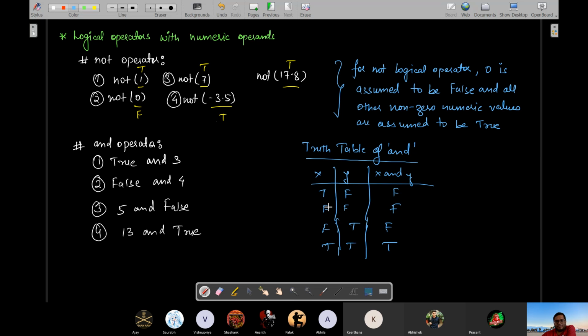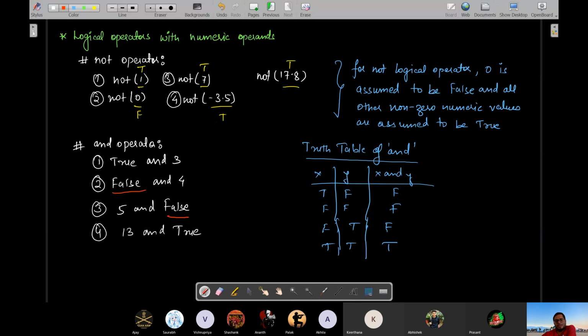When we have one of the operands as false, what do we observe? The answer should always be false. When any one becomes false, then the answer will always be false. We don't need to bother about whether the other one is true or false, because the moment one of them becomes false, the answer is bound to be false. Right? So, in which two cases do you see one of the operands as false?